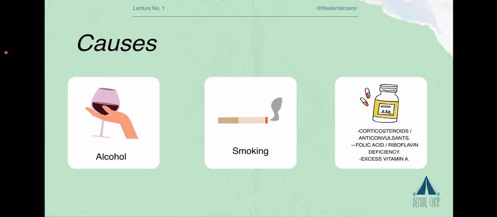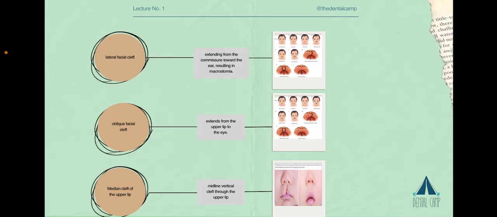The causes: maternal alcohol and smoking, maternal consumption of corticosteroids and anticonvulsants, folic acid and riboflavin deficiency, and excess vitamin A. The lateral facial cleft is caused by lack of fusion of the maxillary and mandibular processes.